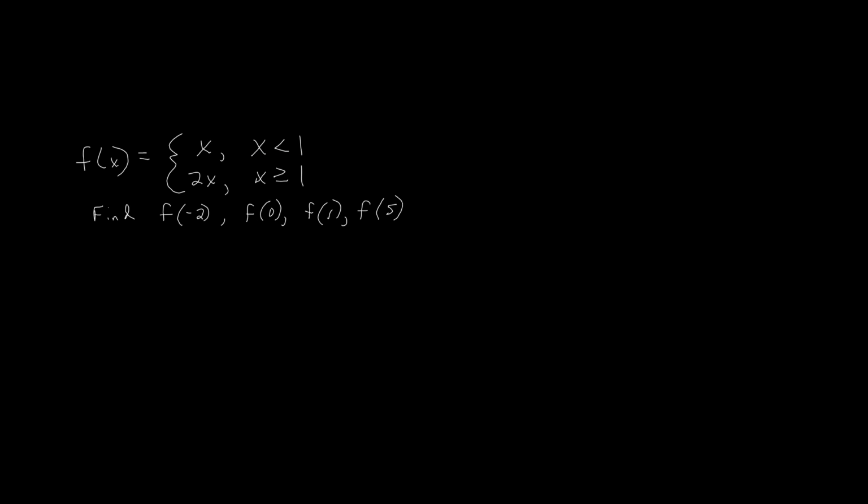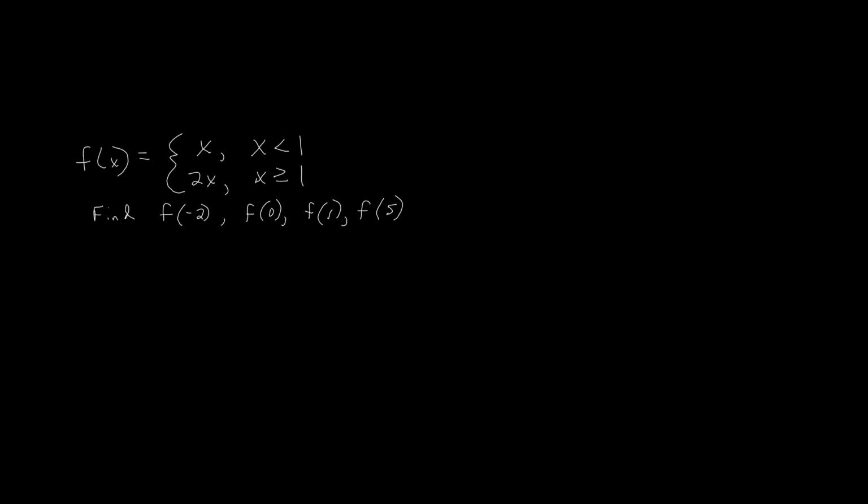For example, -2 is a number that's less than 1, so it's going to go into this function. Notice the other piece is only if x is greater than or equal to 1. So you have to look at the number you're plugging in, decide which of these constraints it meets, and then use that function. All right, that's enough talk.